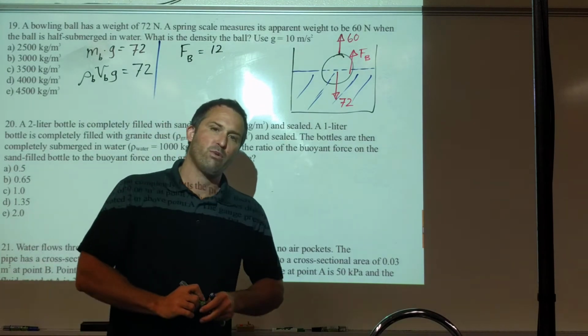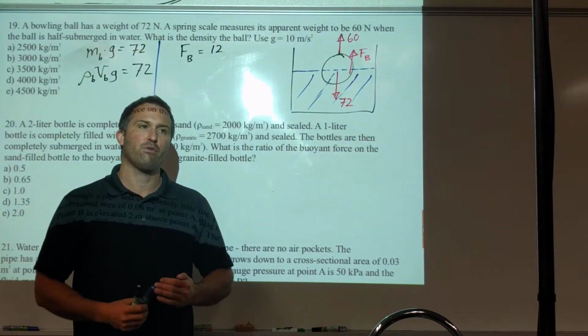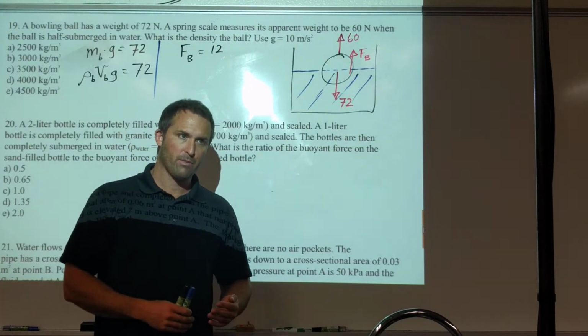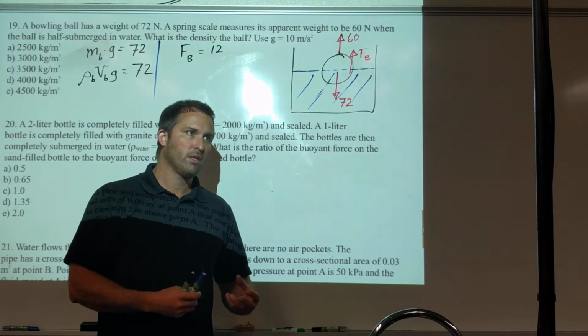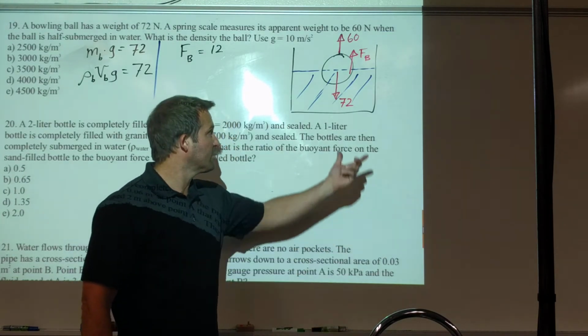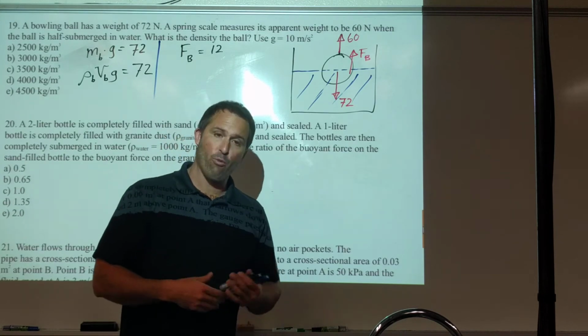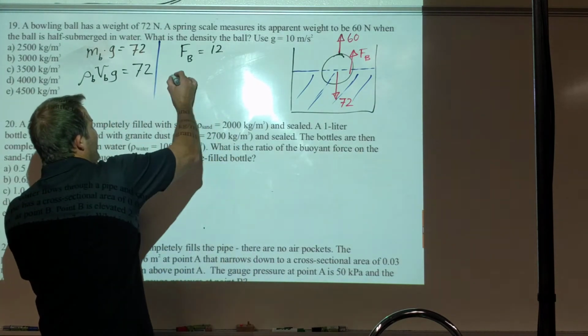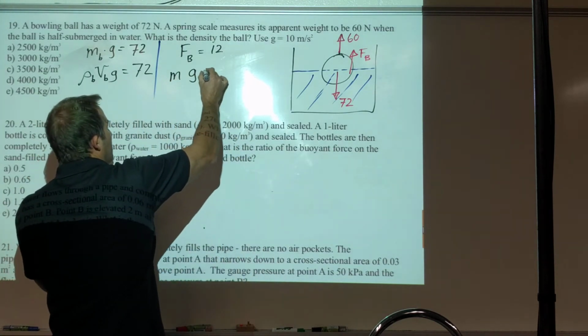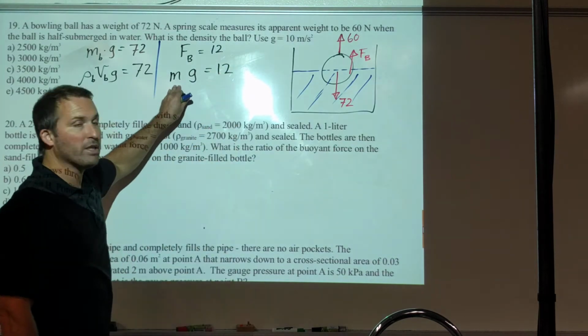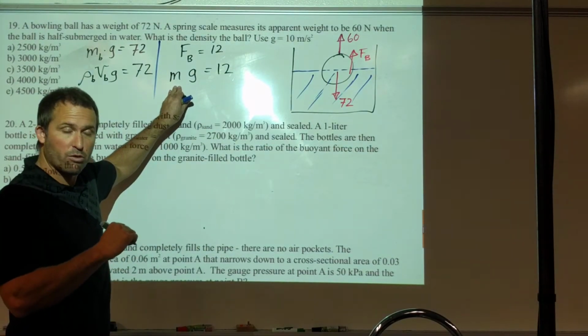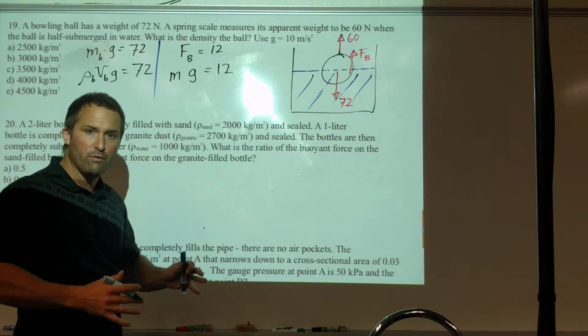And what's our definition of buoyant force? The buoyant force equals the weight of the displaced fluid, in this case the displaced water. Now weight, we can still write it as m times g. But what m are we talking about? It's the weight of the water that had to move out of the way.